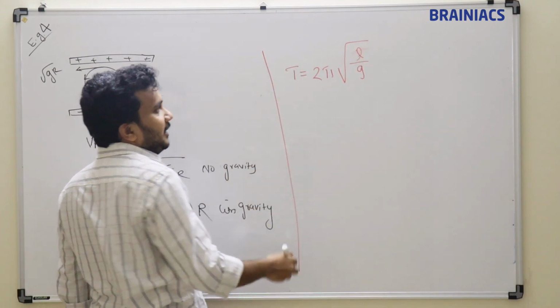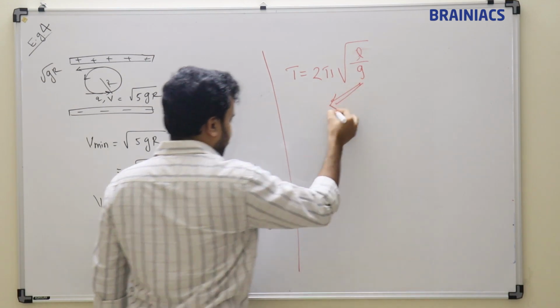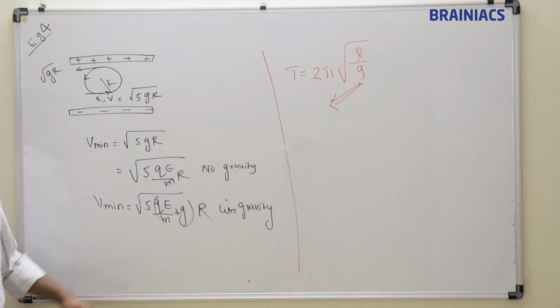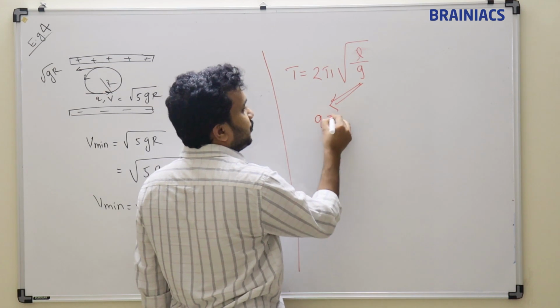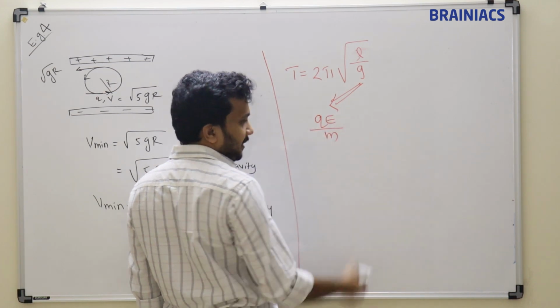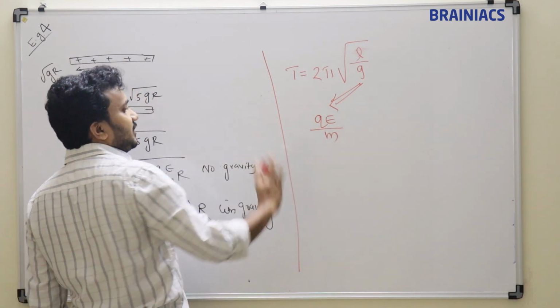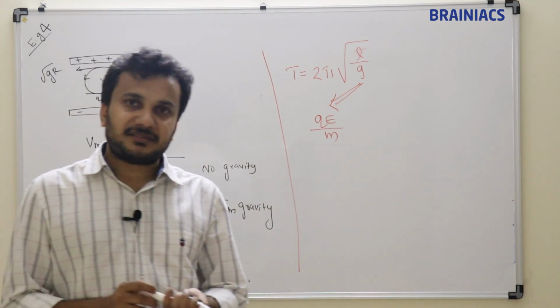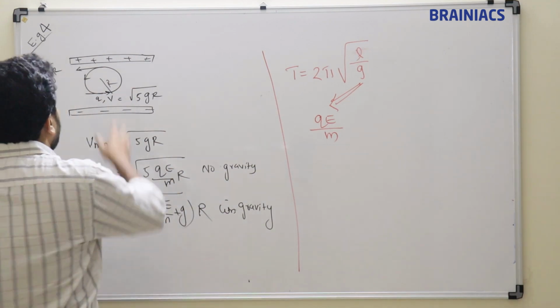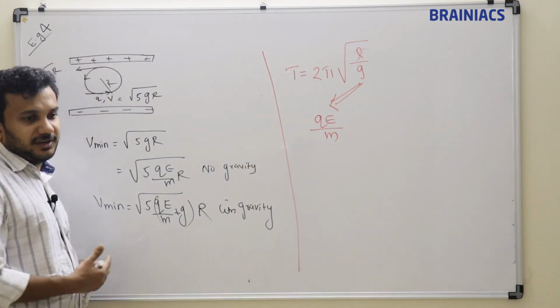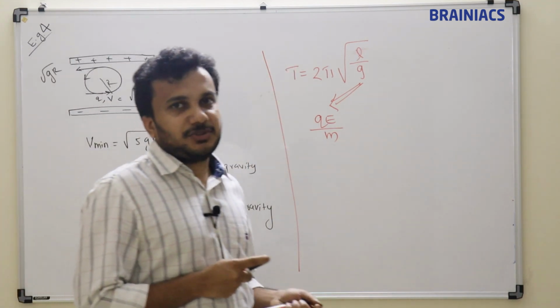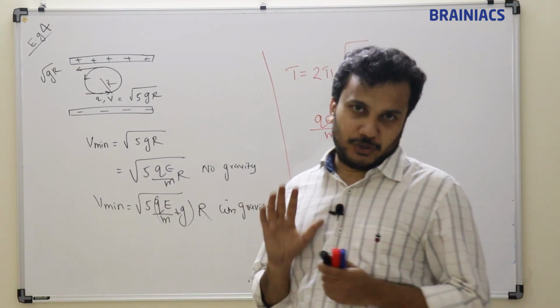Here in this case also, for g, similar to what we have done, you can substitute QE divided by m in a gravity-free area. With gravity, you can substitute QE by m plus g. This can also be asked as another type of example. So whenever g comes, you can substitute QE by m in short.